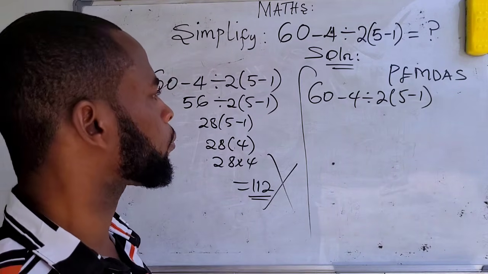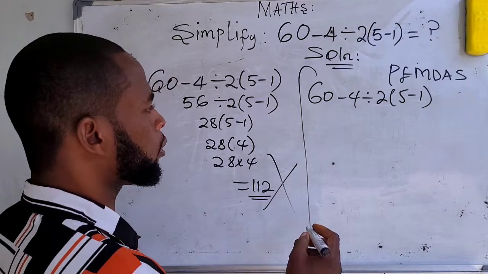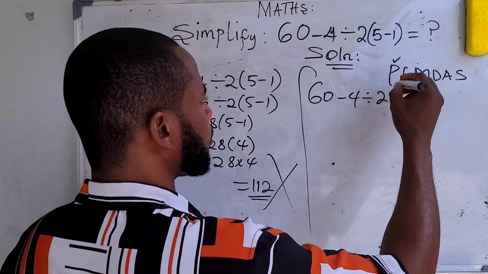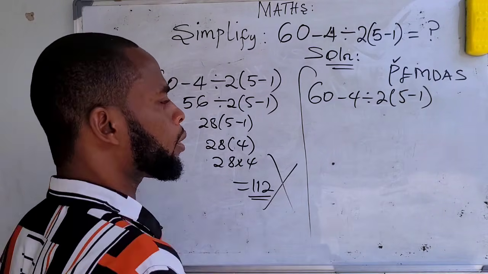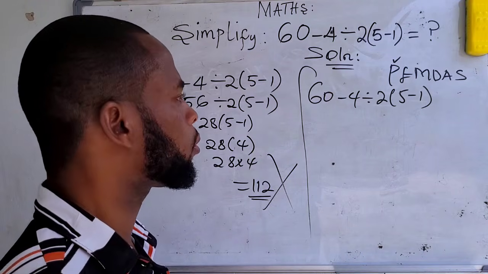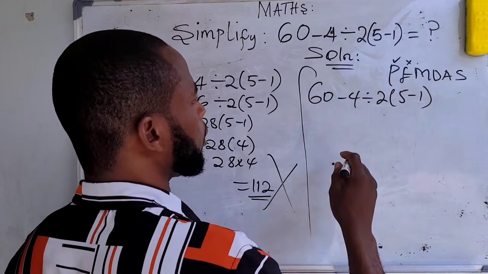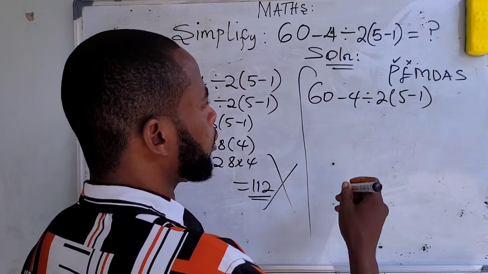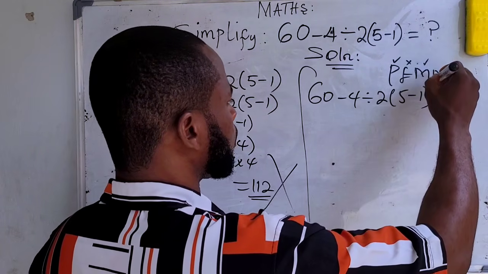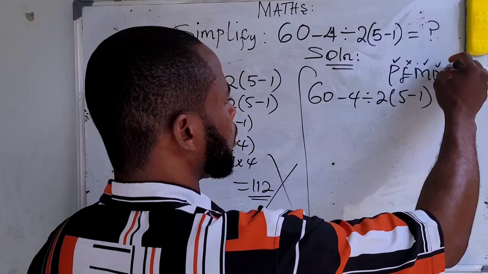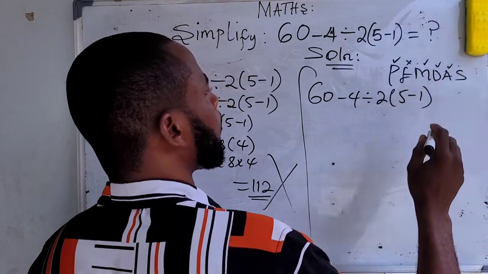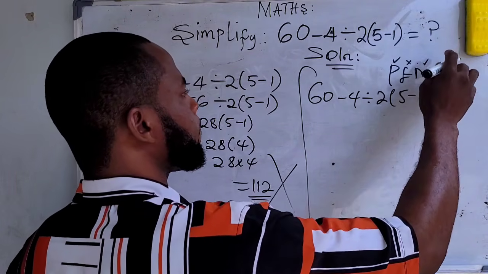To apply this, we have parentheses first, which is the bracket. That means you're going to do the bracket first. Then, we don't have an exponent here, so after that we consider multiplication and division, addition and subtraction.